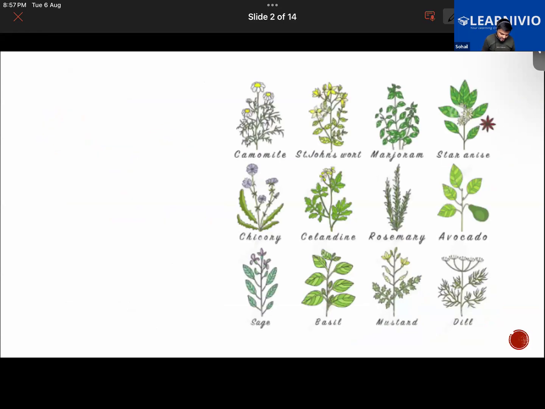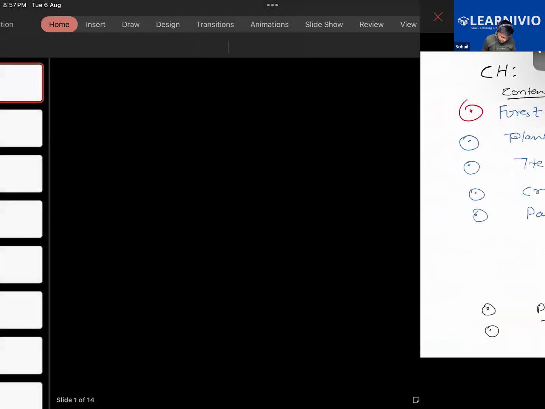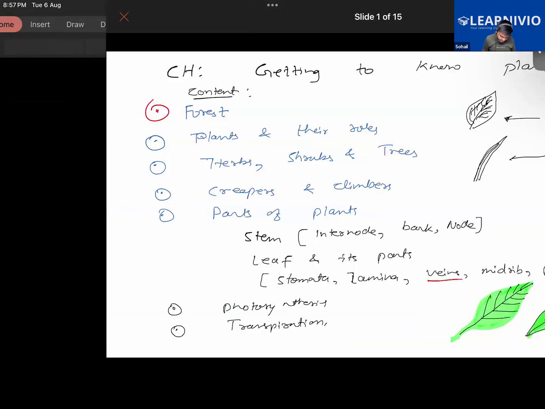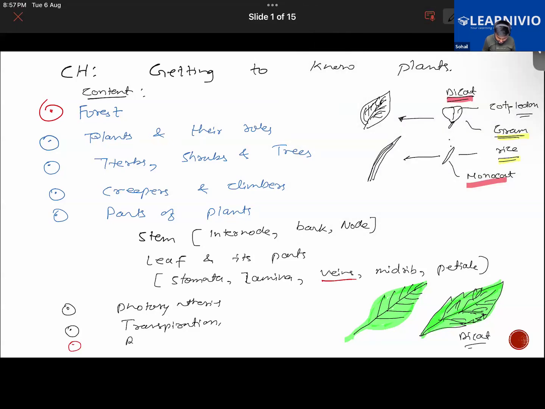After this, you guys would be learning about roots. Have you guys seen the roots of grasses? If you look at the roots of grass, or the root of gram or China rose or other plants, both of them are different. The root of the grass is very hairy, kind of fibrous in nature.